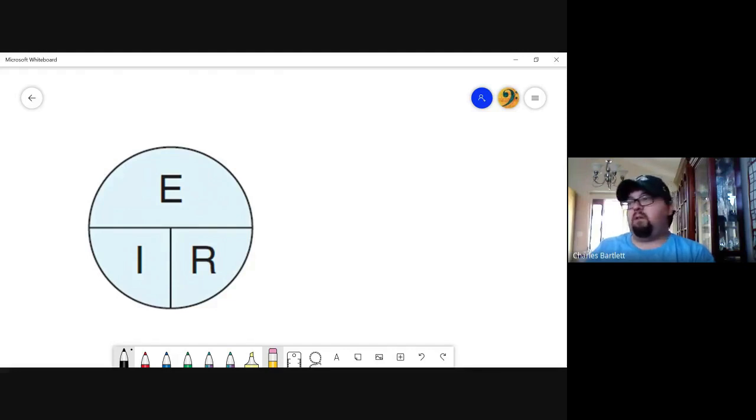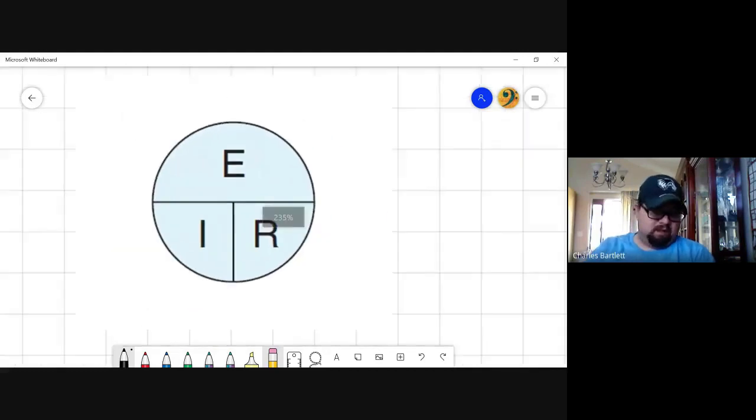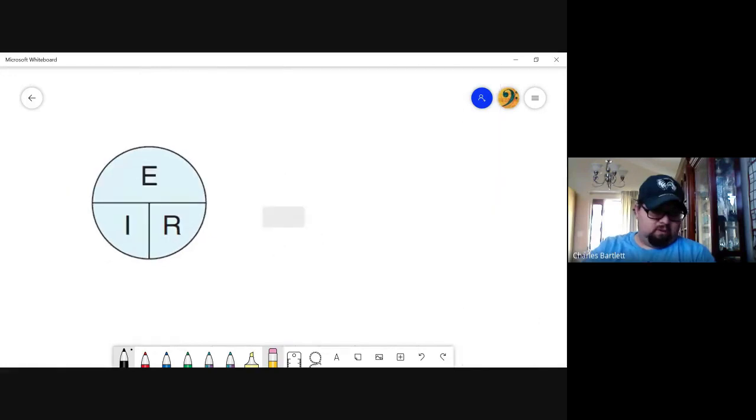There are some second year teachers who do want you to be able to come up with those equations from memory, but I'm not going to be one of them. The math is hard enough as it is. And so anyway, that is a basic overview of our equations. And so let's apply some math to it.